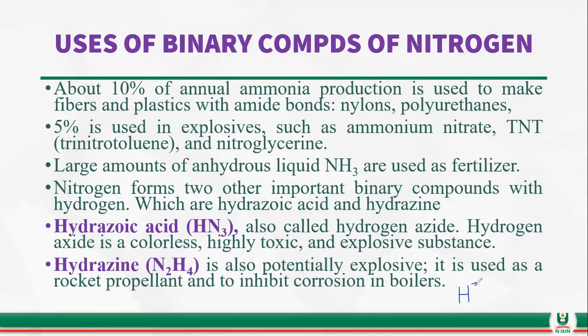So if hydrogen is +1, nitrogen in azide has 3 nitrogen that have -1. So when the two of them relate to drop 1 for each other, then hydrazoic acid is HN3. So don't confuse this thing with ammonia.